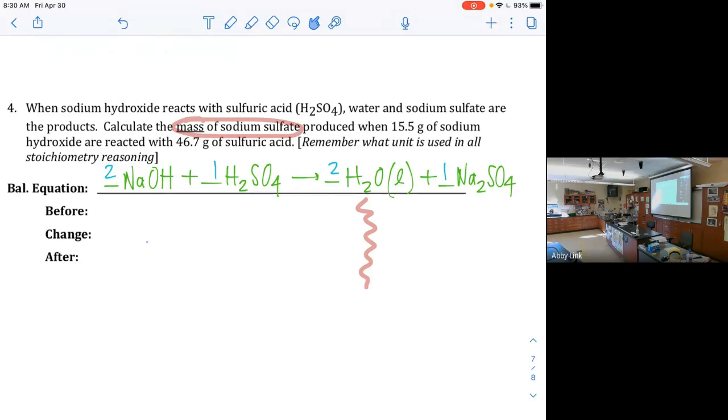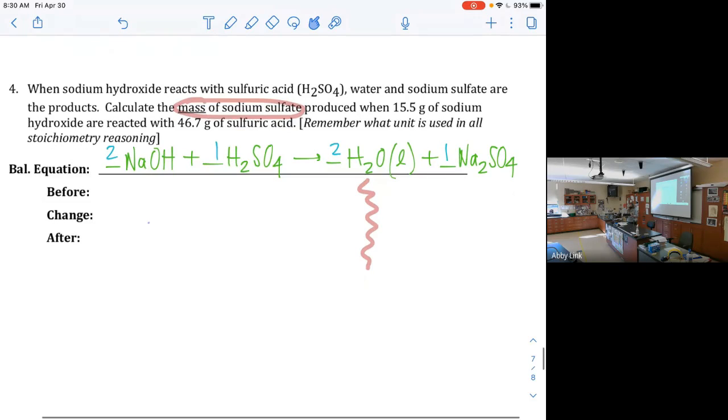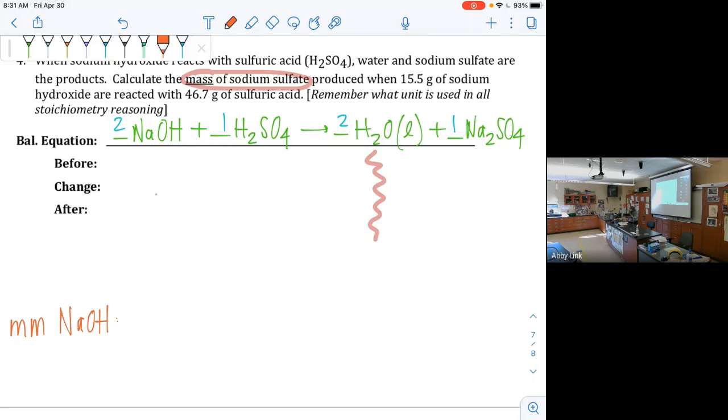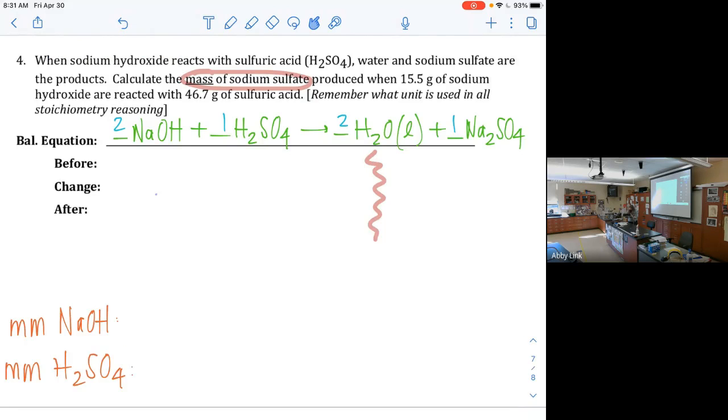All right, first things first, I need to convert my grams into moles, all right? Here's what I like to do personally. I like to calculate my molar masses first, and then I like to do all my other conversions because molar masses slow me down, right? They slow everybody down, unless you're memorizing the periodic table. So I'm going to calculate the molar mass of sodium hydroxide, the molar mass of H2SO4, and also the molar mass of the Na2SO4.